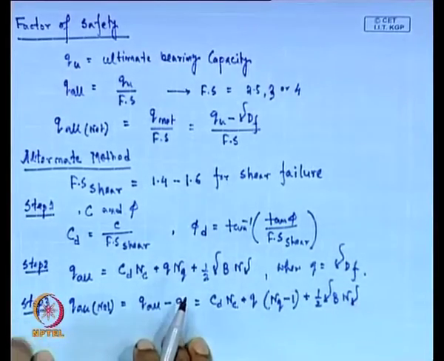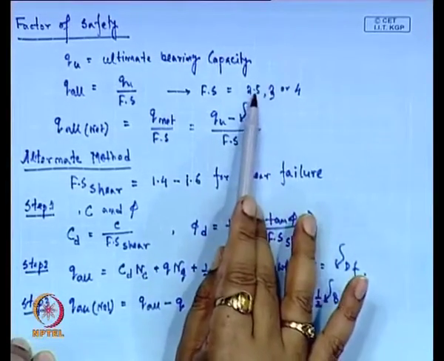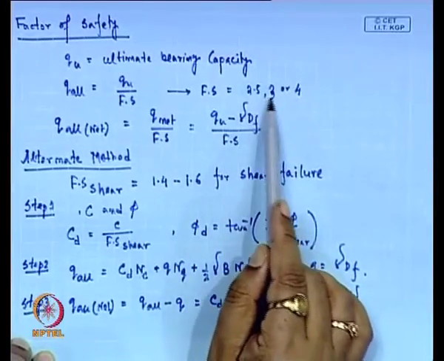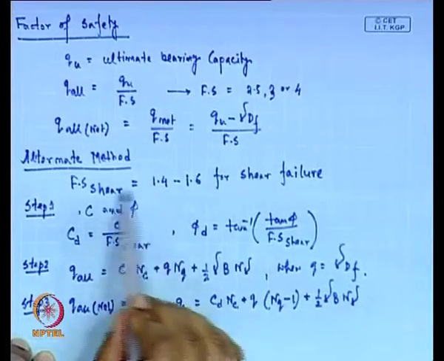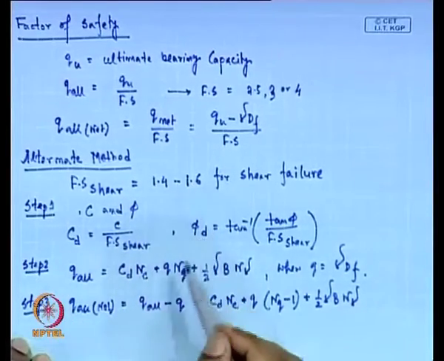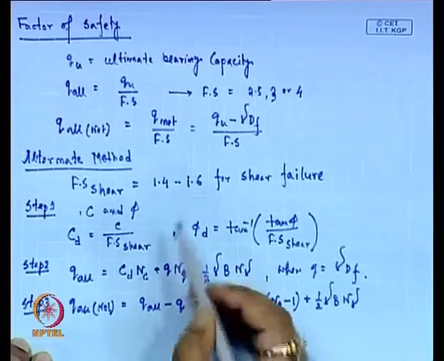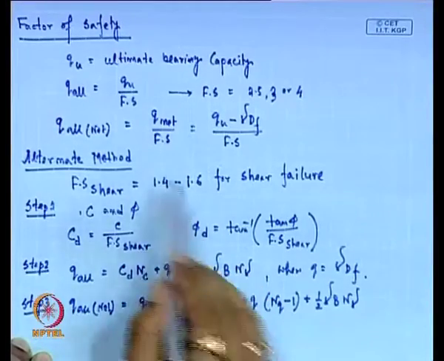In these two methods, here we are applying overall factor of safety 2.5 to 4, or 3, or here we are applying the factor of safety against shear 1.4 and 1.6. For any expression, by using trial and error method, we can determine what will be the factor of safety against shear, so that these two values are same.